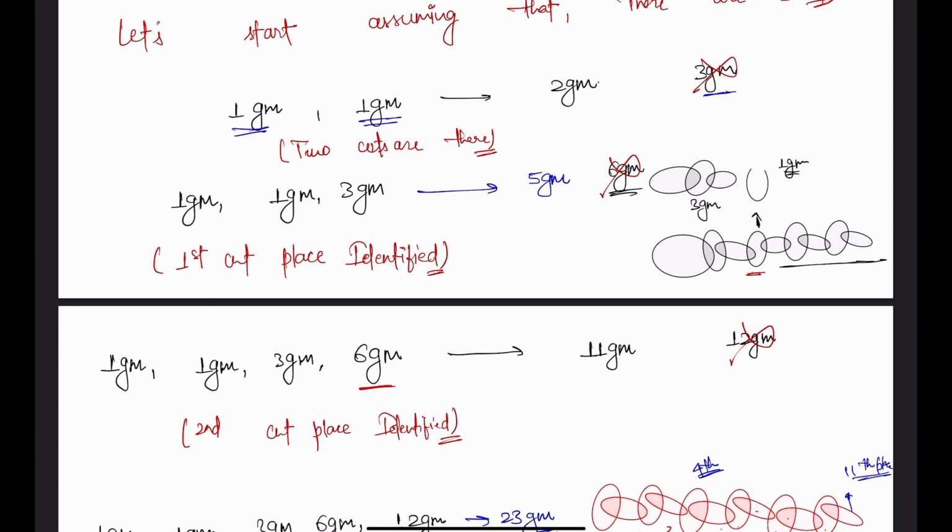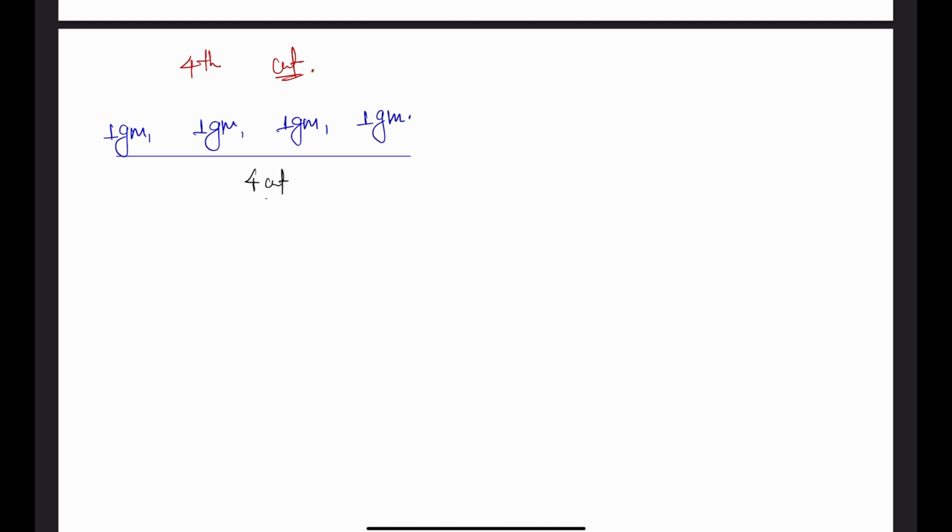So for 4 cuts, now we don't need to write that much. What will be there? Again 1 gram, 1 gram, 1 more gram, 1 more gram. These 4 represent the 4 cuts.